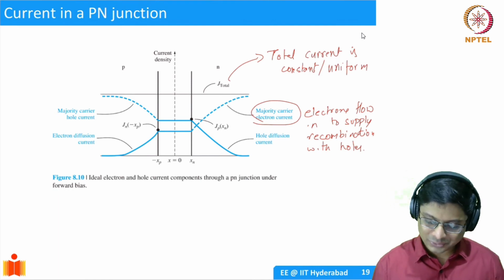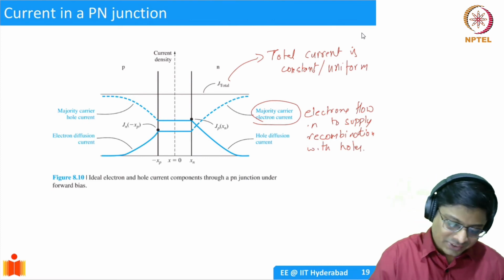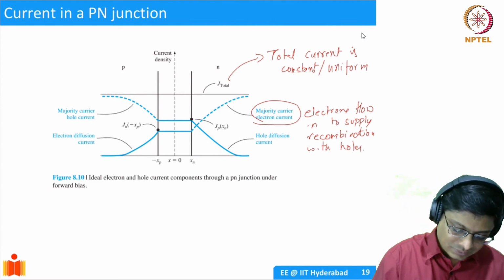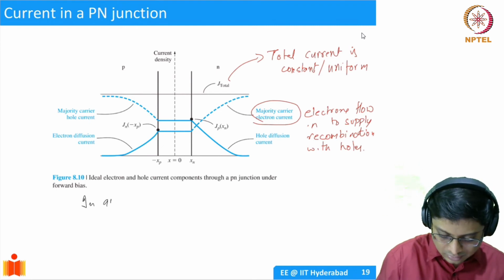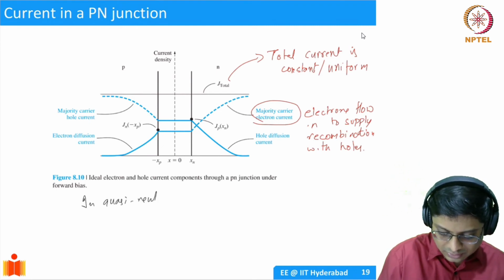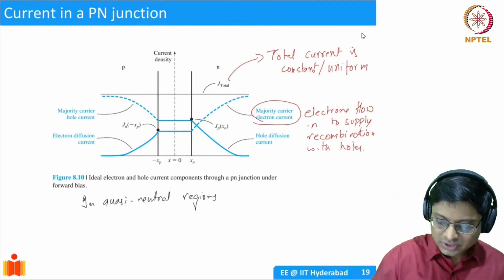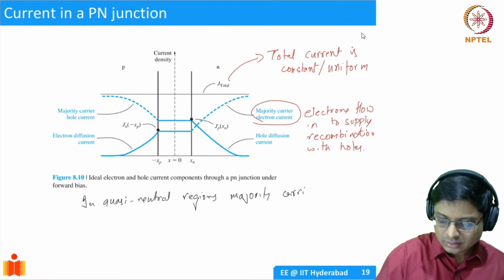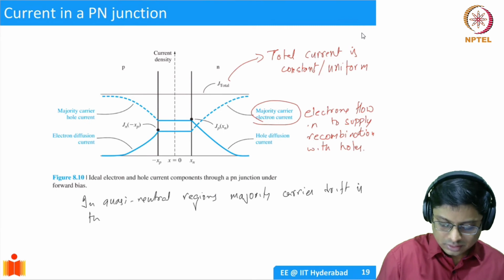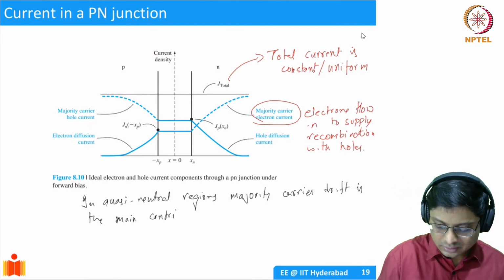I'm not sure if you have thought about it. So what I'm saying is, in the quasi-neutral regions, majority carrier drift is the main contribution, or actually the only contribution.